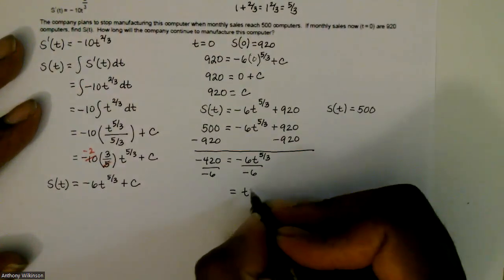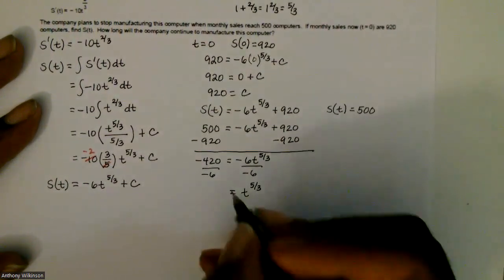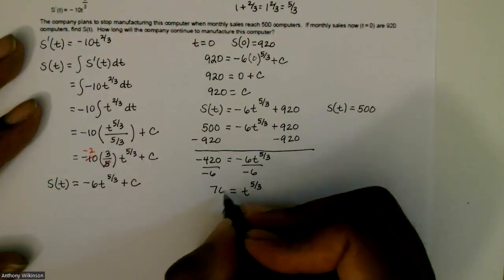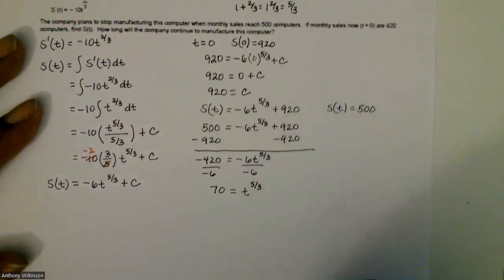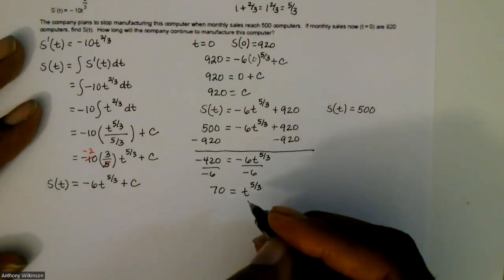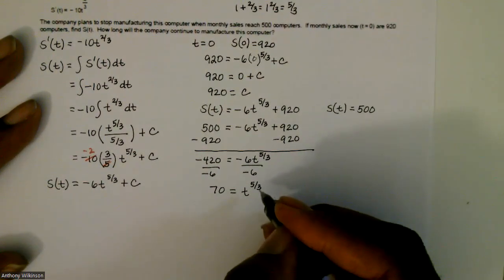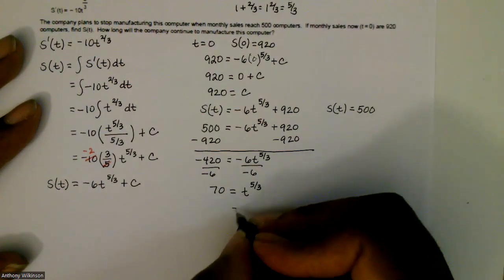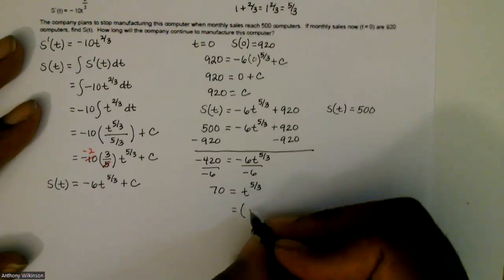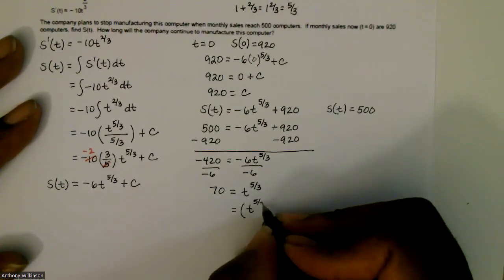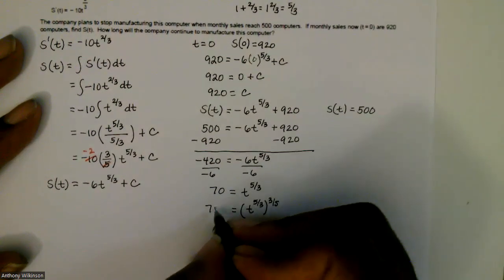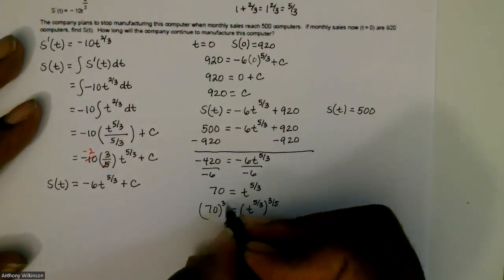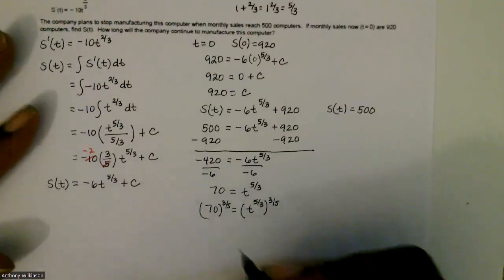So that means I'm going to have t to the 5/3 equaling 70, because negative divided by negative will be positive. Now to get t by itself, what's the reciprocal of 5/3? It will have to be the 3/5. So t to the 5/3 will be raised to the 3/5, and this 70 will be raised to the 3/5 power.